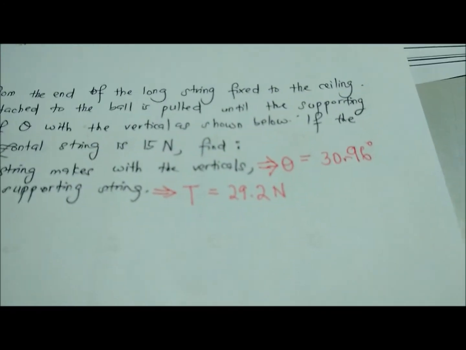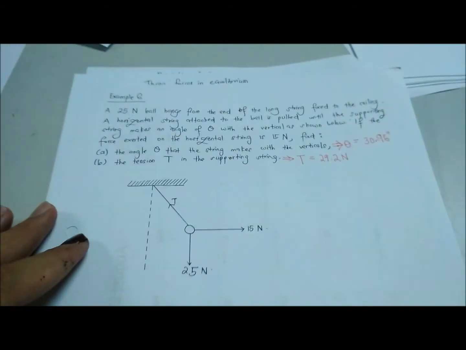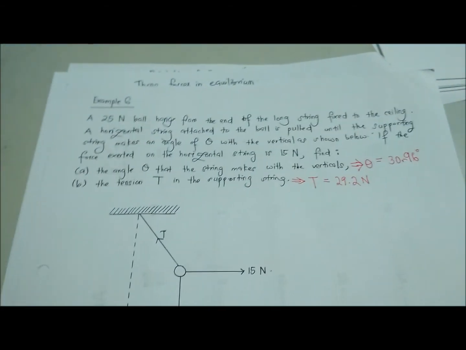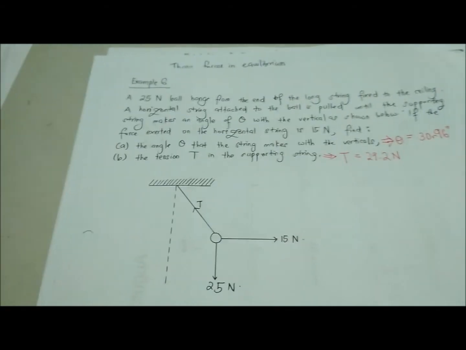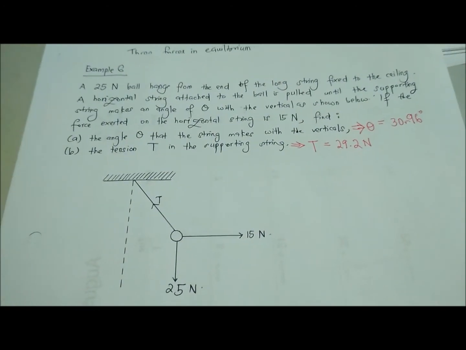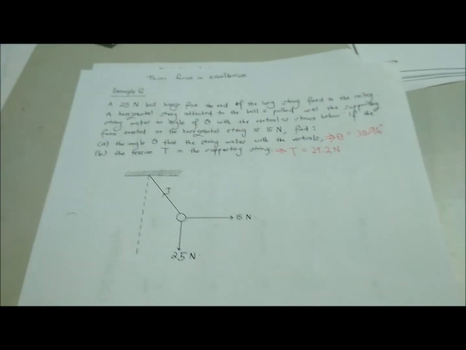Okay, so please do it on your own, and if you're able to find the answer, you can WhatsApp me, and I believe you all have my number, so you can give me your answer.